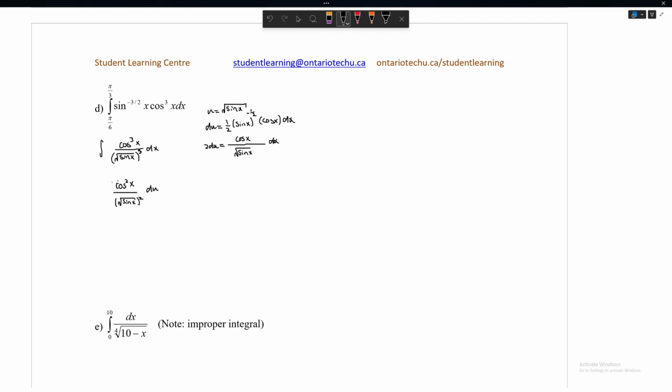Right? And then this is 2, so the 2 is going to go outside the integral. Okay, now what can I do? I have my u as the root. So now what I got is the integral of cos 2x all over u squared du.